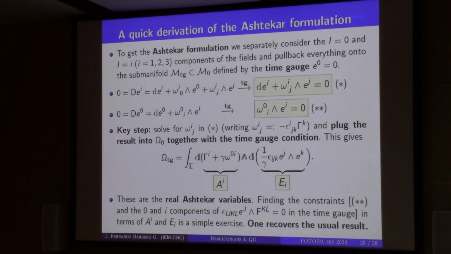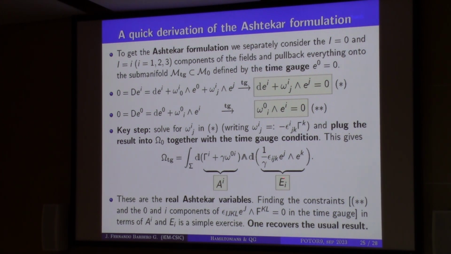You can write omega in terms of its dual that I am calling gamma, and solve for this in terms of E. And you plug, for example, this into the symplectic form together with the time gauge condition. When you do that, you find exactly this expression. And from here, you can read off immediately the change of variables that takes you to the Ashtekar formulation. This is the Ashtekar connection, and this is the triad.